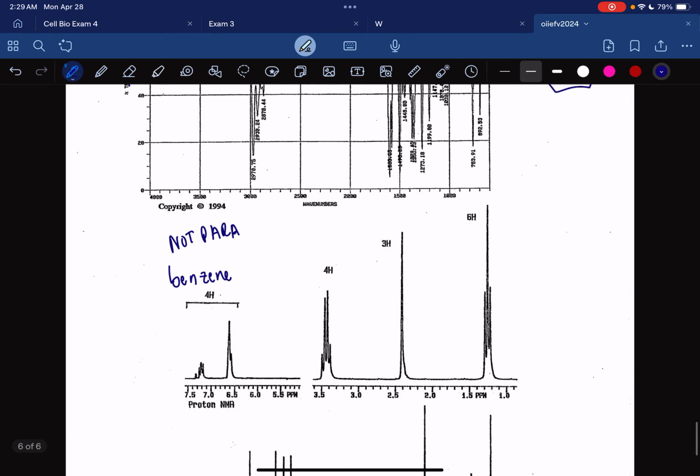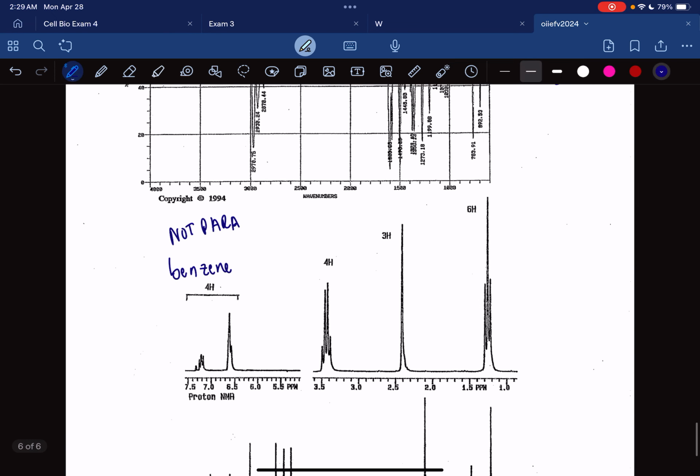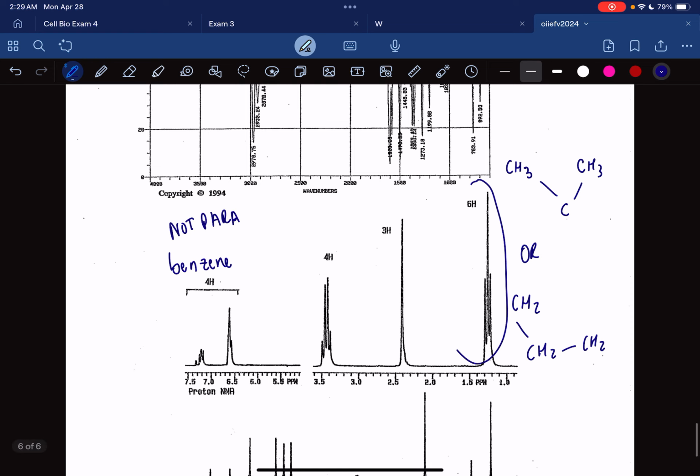But let's go through these splittings one by one. So first off, we have a 6H. So 6H means you have either CH3 bonded to the same thing, or it could also mean you have CH2, CH2, CH2. Now the only issue with this is, what kind of peak is this? This is what you call a triplet.